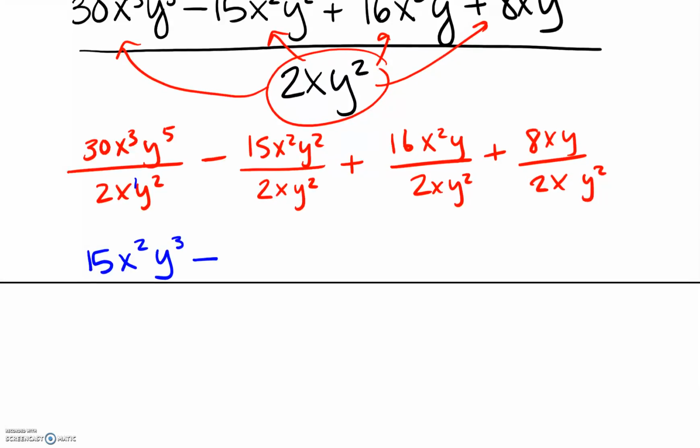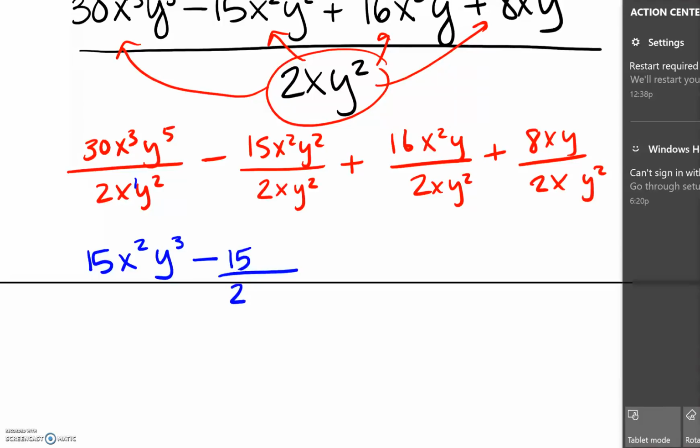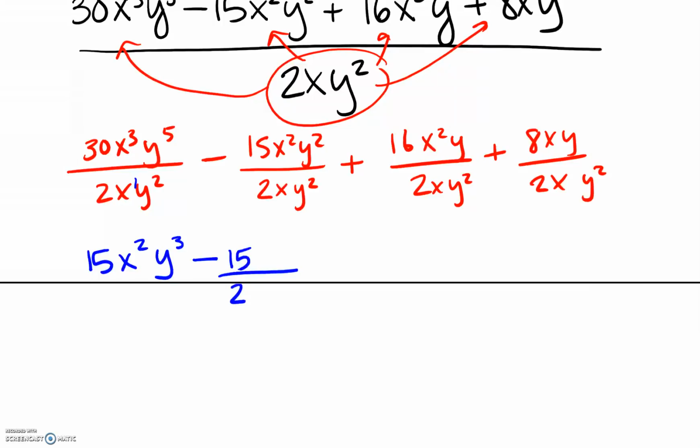15 over 2 does not simplify, so we are going to be stuck with a 15 and a 2 in the denominator. You can write this as a coefficient, or you can write it all as one big fraction. Either is okay. I'll go ahead and do both so you can see what the difference would look like. If you leave it as one big fraction, let me move that fraction up a little bit so it's a little cleaner looking. We would have 15 over 2, and then you decide what's happening with the x's.